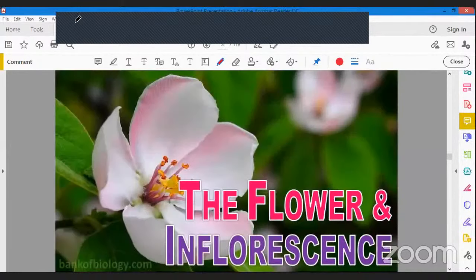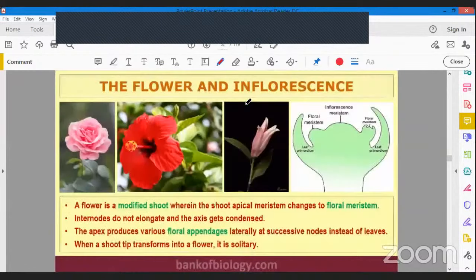Done. So go to the next one, flower and inflorescence. So look at it. A flower is basically a modified shoot, wherein the shoot apical meristem changes to floral meristem. The shoot apical meristem will change to floral meristem, and the internodes do not elongate, and the axis gets condensed.